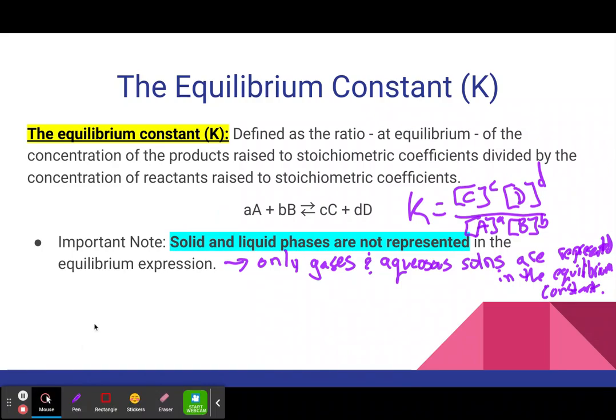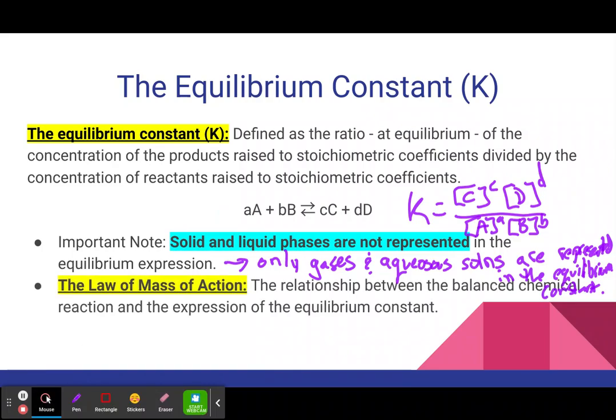Okay. Last point is this. What allows us to write that, guys, is the law of mass action, which is simply the relationship between a balanced chemical reaction and the expression of the equilibrium constant.